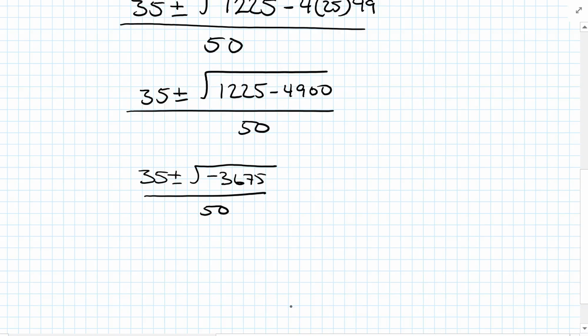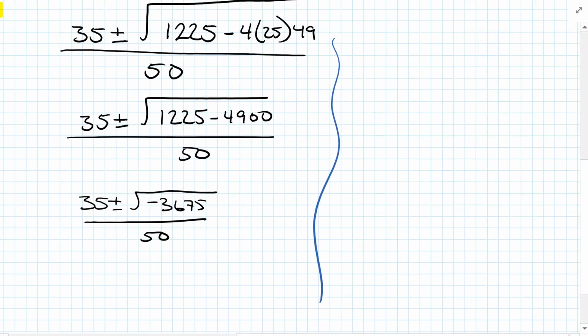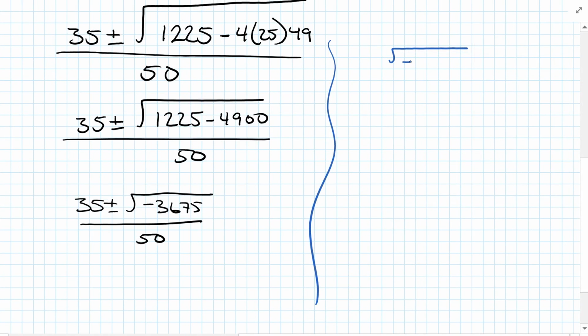First thing we're going to do is the square root, I'm going to do it over here, the square root of negative 3675 is equal to I times the square root of 3675. Okay, 3675. So let's prime factor that.